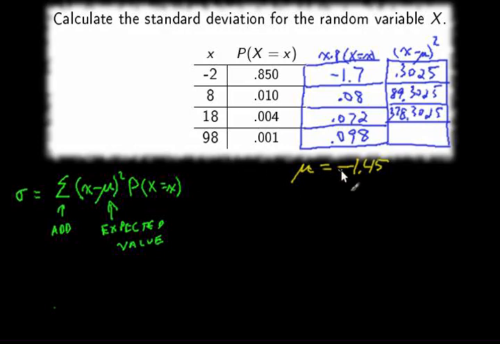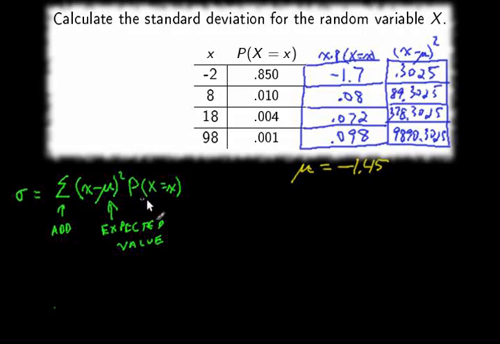And finally 98 minus negative 1.45 squared, 9890.3025. That's x minus mu squared. That's this part of the formula.